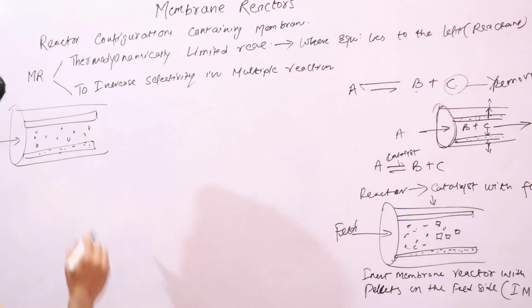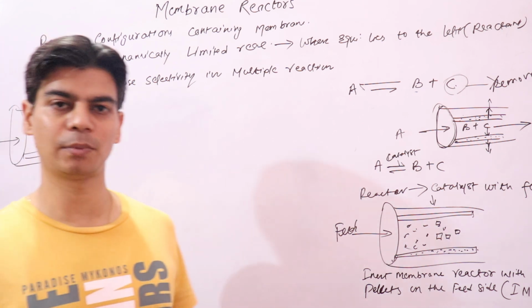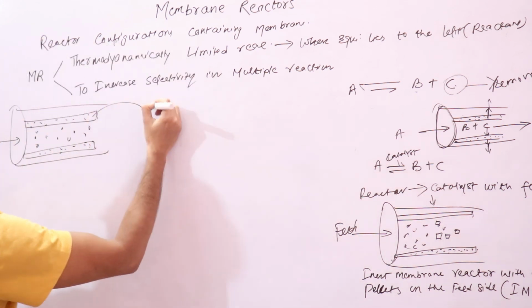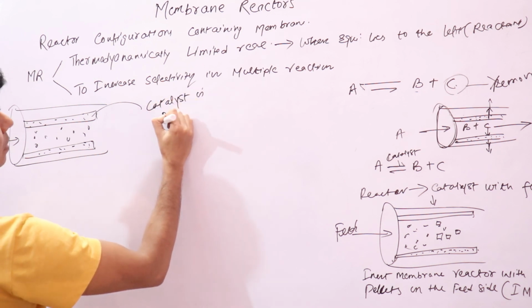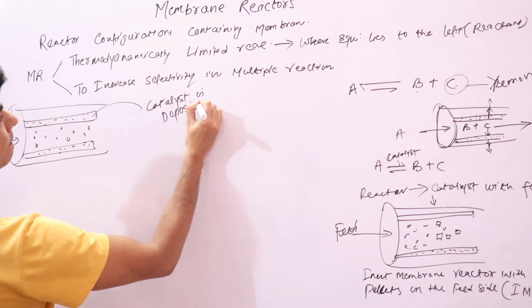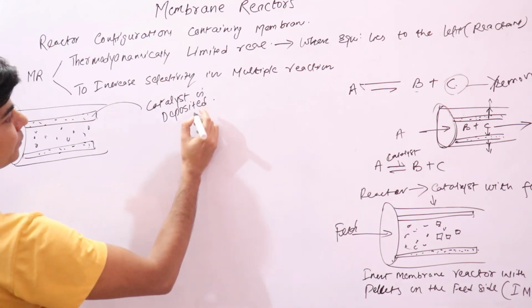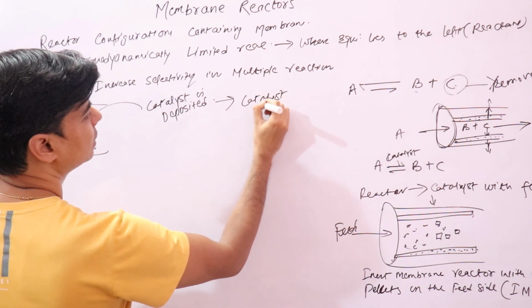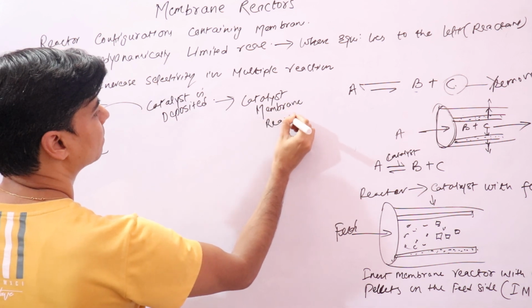Reactants are inside, whereas on the membrane the catalyst is deposited. So on this membrane only the catalyst is deposited, right? I hope this is clear. We call this a catalyst membrane reactor, right?